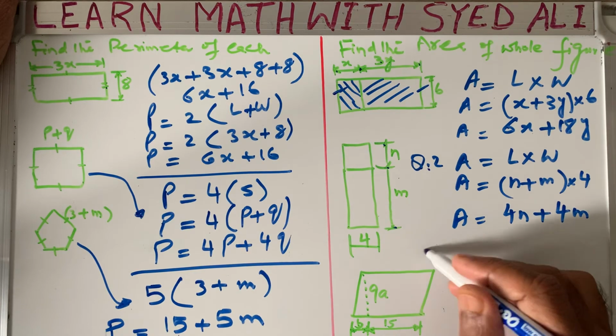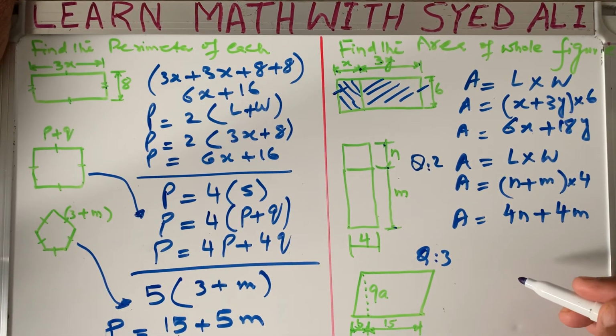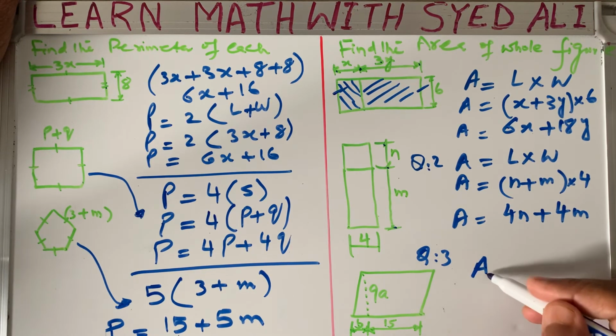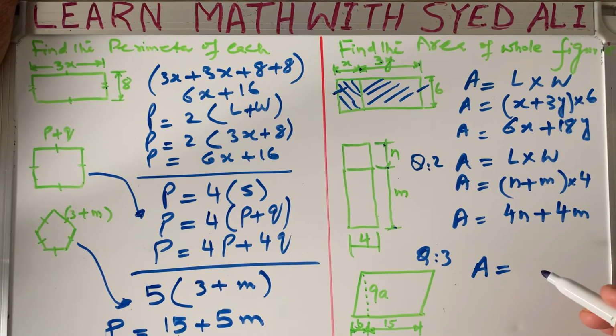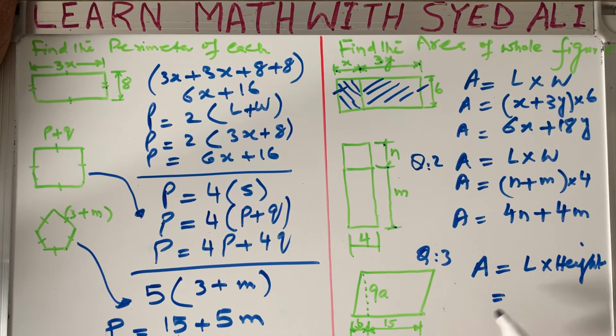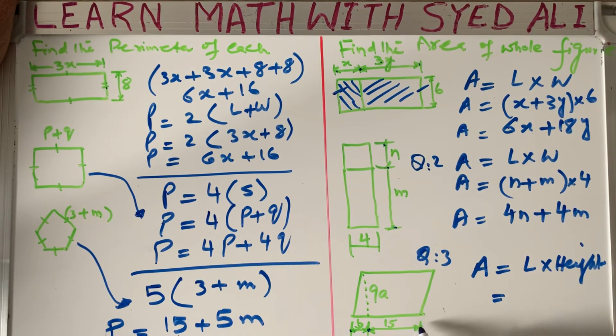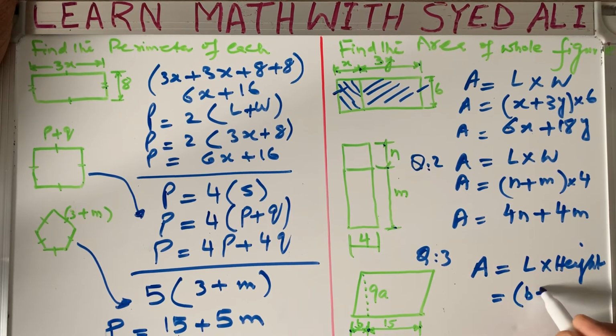Now we have question number 3. What we need to focus on is the area of a parallelogram, which is length times height. The length is known, and comprises two terms again, b and 15. So the length will be written as b plus 15.